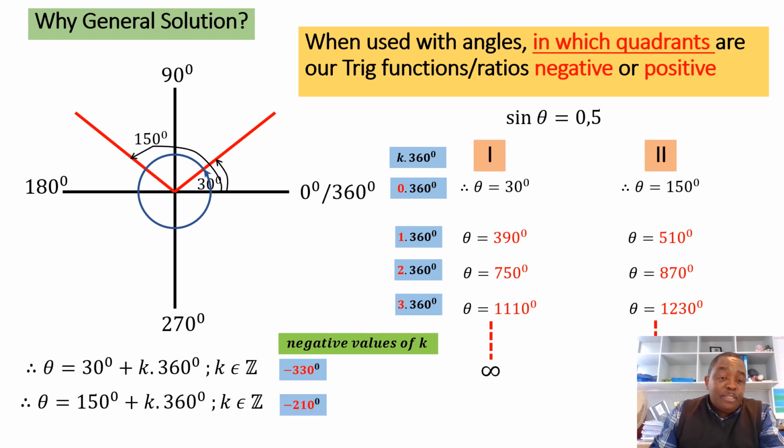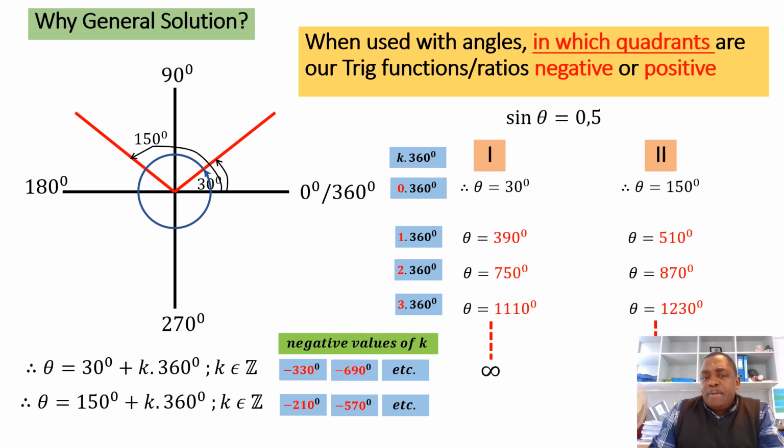In the other solution, k = -1 gives us -210. Those angles are correct values that solve the equation. If k is -2, our values are -690 and -570, and this goes on and on as you add on more negative numbers.